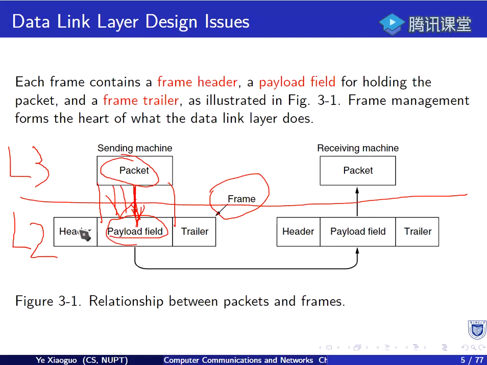Then the header and the trailer will be added to form a frame. That is the relationship. So a frame contains the packet as its payload field.